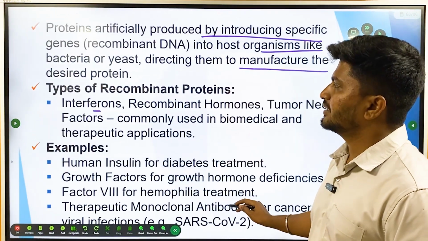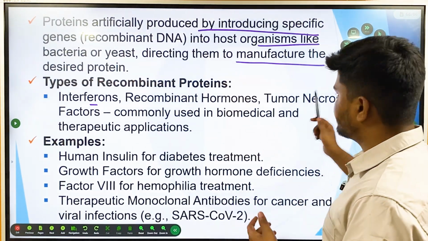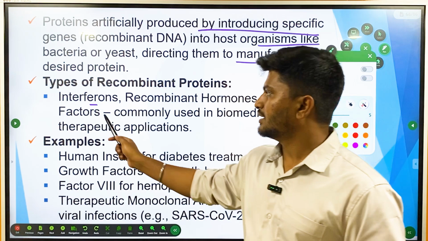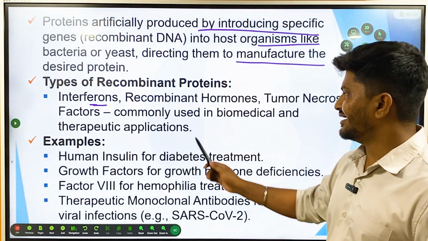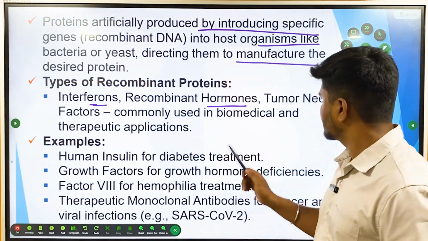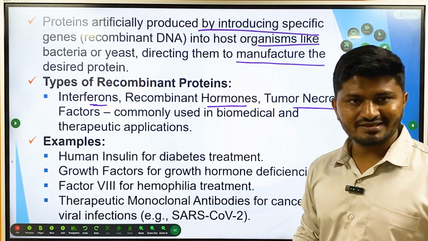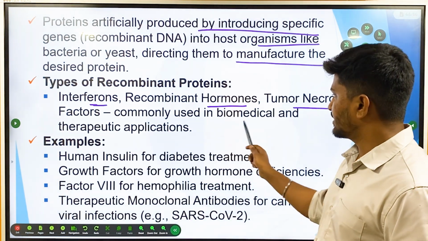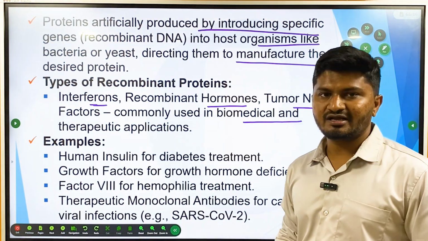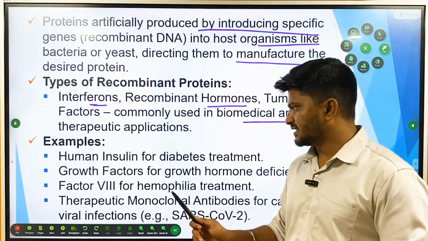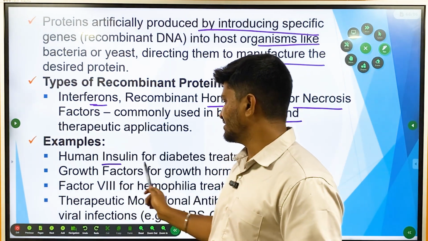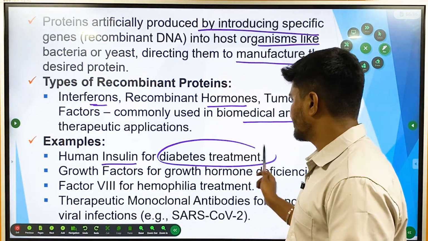Now, types of recombinant proteins are interferons, recombinant hormones, tumor necrosis factors. Commonly are used in biomedical and therapeutic applications. Best examples are human insulin for diabetic treatment.